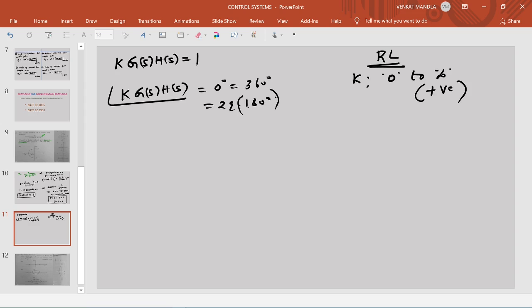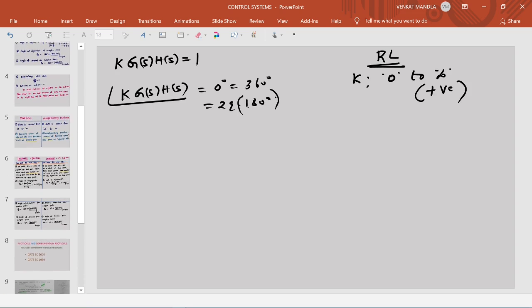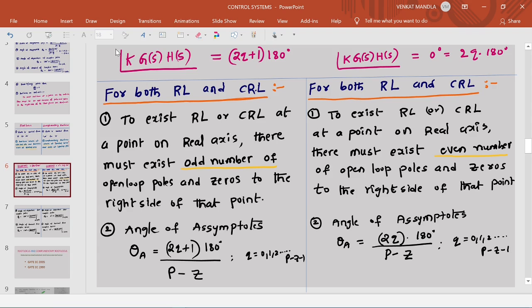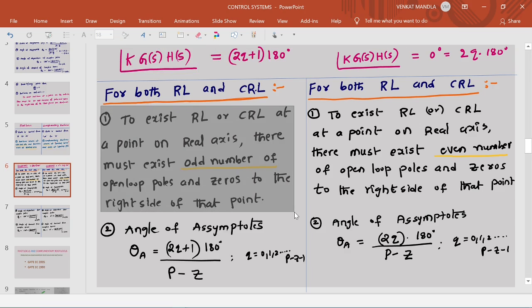So what are those changes? First I will explain those changes here. Suppose the angle criterion is odd multiples of 180 degrees. The first point: for a root locus or complementary root locus to exist at a point on the real axis, there must exist an odd number of open loop poles and zeros to the right side of that point.